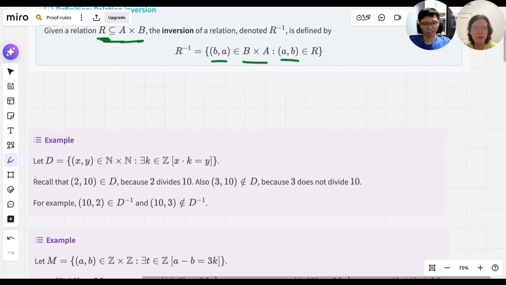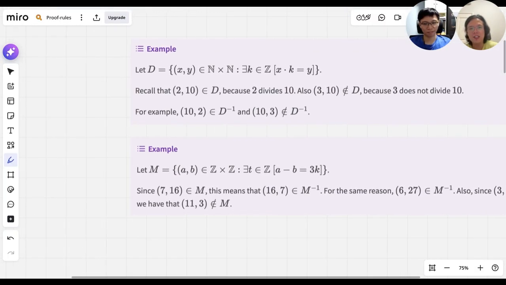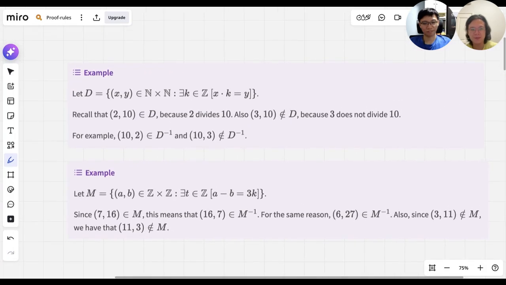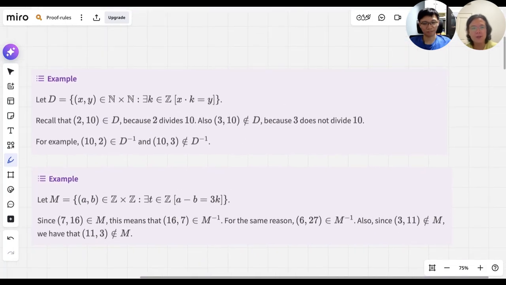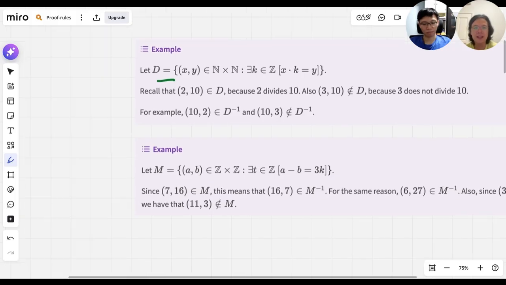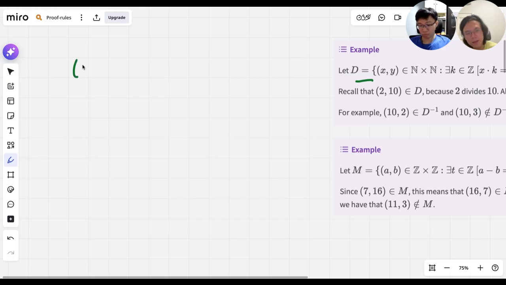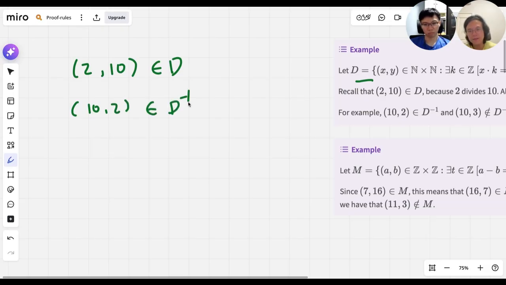Let's go through our two popular mathematical examples again: the divisibility relation and the congruence relation. Let's look at D versus D inverse. Remember, D is a relation that relates x and y if x divides y. For example, (2, 10) is in D because 2 divides 10. What this means is that (10, 2) is in D inverse.